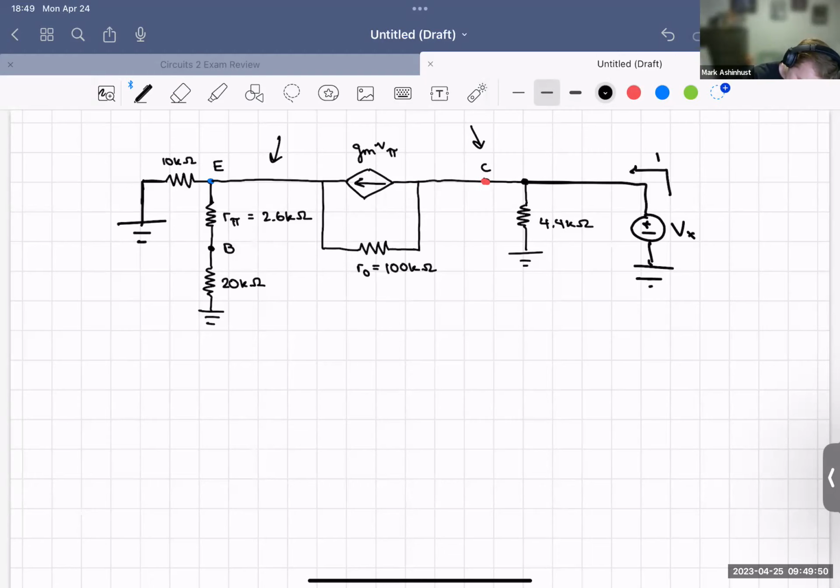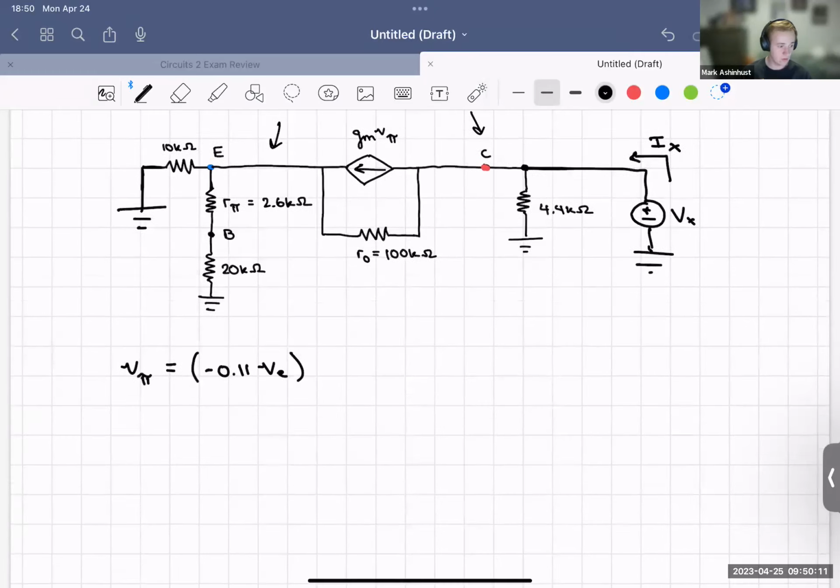And then we have Ix here. So we'll follow that going in. We'll reuse the same equations. We can't use Vout because Vout's no longer there, but we can reuse Vpi, which we know is 0.11 times VE.